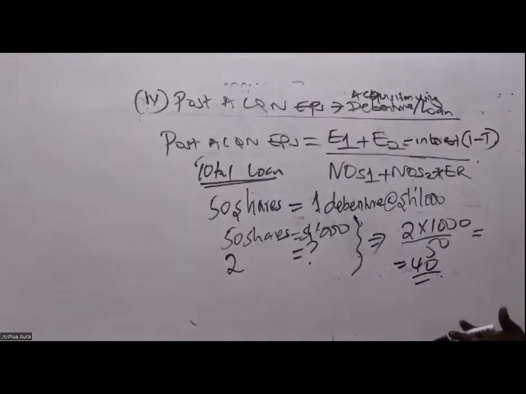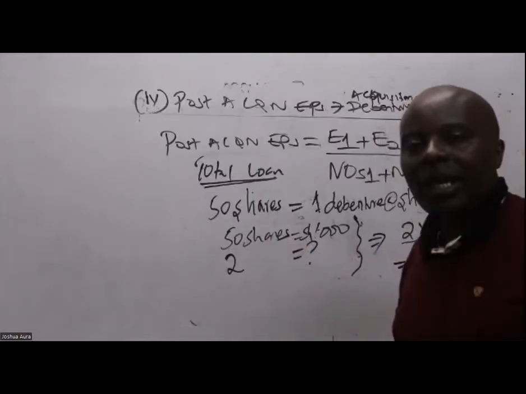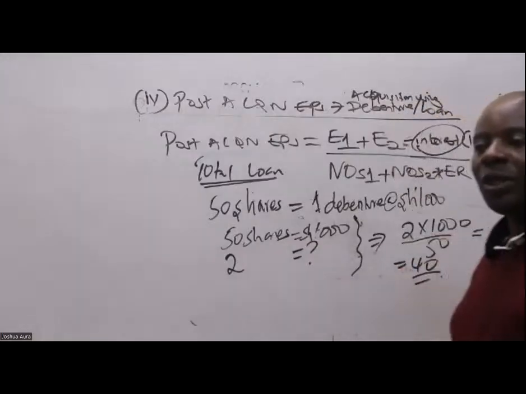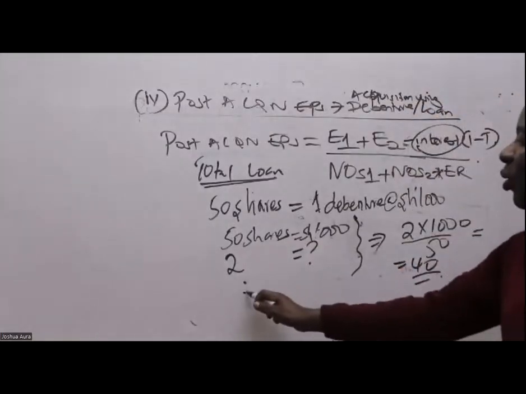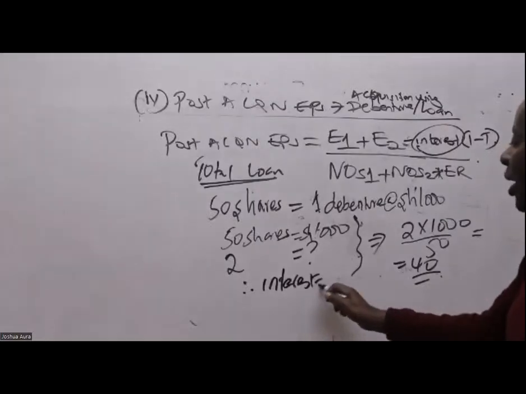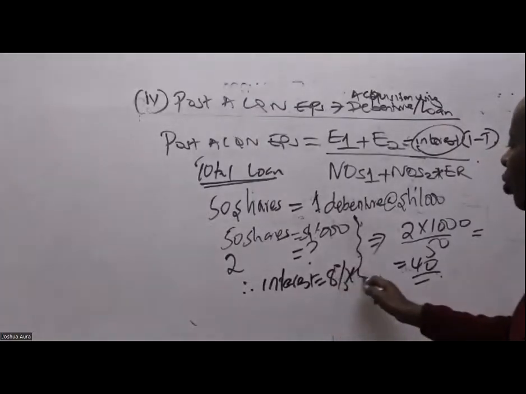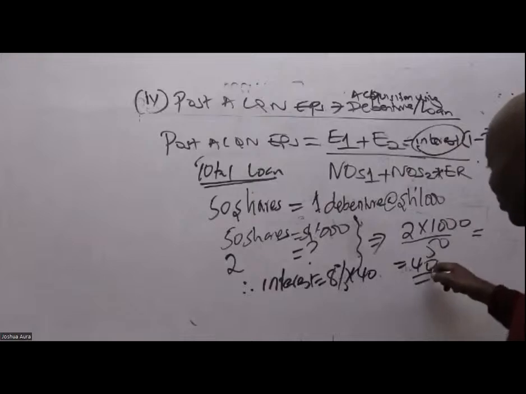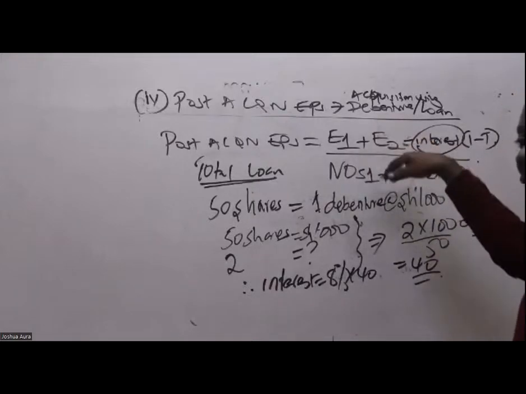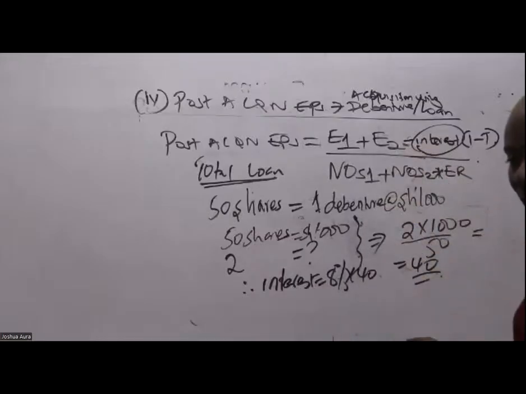What I am after is the interest. Have they told me the coupon rate of interest in the question? Therefore, interest payable will be 8% of the total loan. I know the loan is 40 million, but all these figures don't have the millions, minus those zeros.